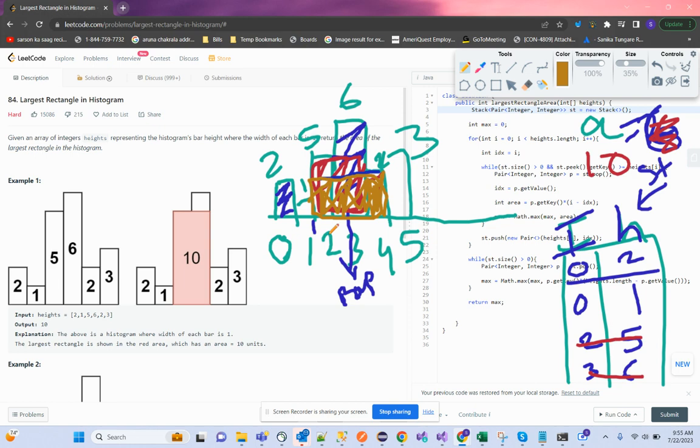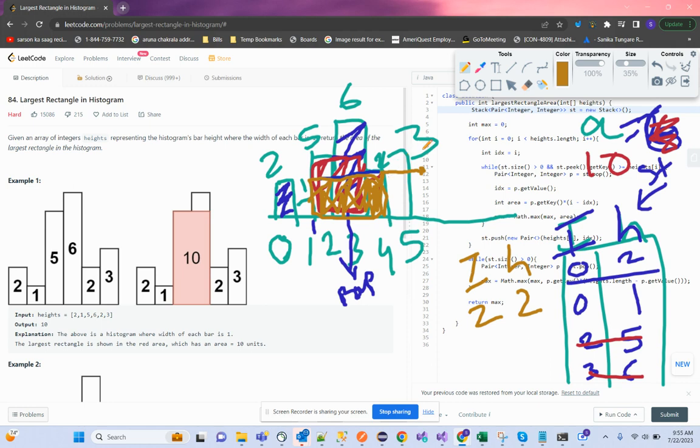So I will be writing in my stack. I don't have room over here to write. Height is 2 and index is also 2. So I can extend it backwards. We don't have to calculate the area because we don't have to pop it. And we can extend it ahead as well, since there is nothing to pop right now.